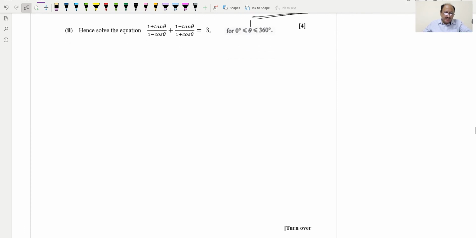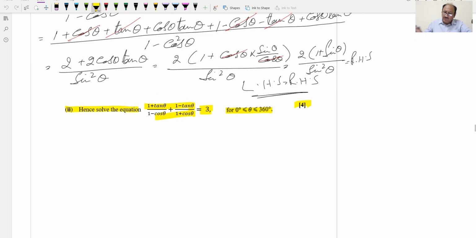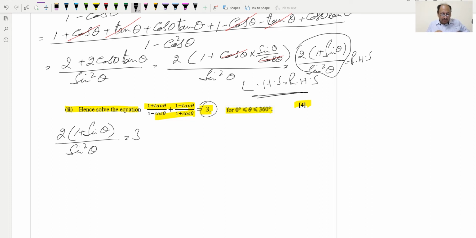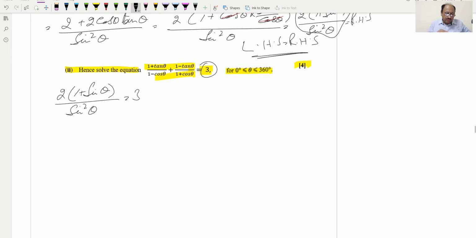Now the second part says hence solve this equation which is equal to 3 from 0 to 360, and this is a 4 mark question, and the same result we can use, which is this one. This result we will be using, and this is 2 into 1 plus sine theta over sine square theta is equal to 3, and now we can cross multiply and form the quadratic equation.